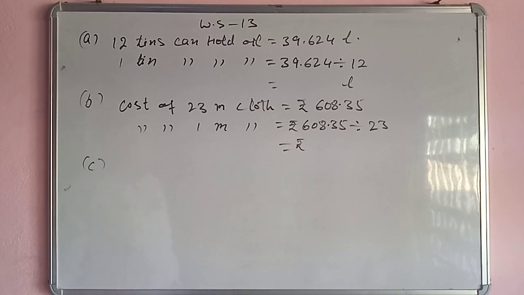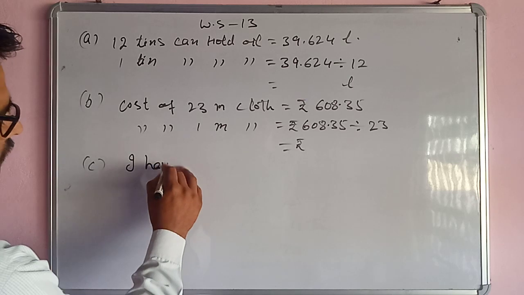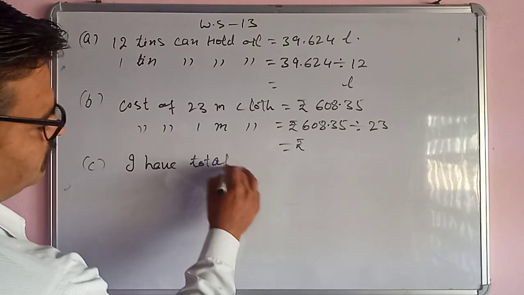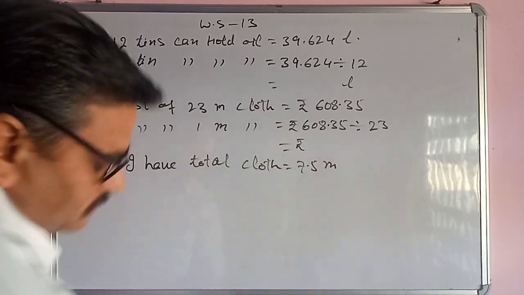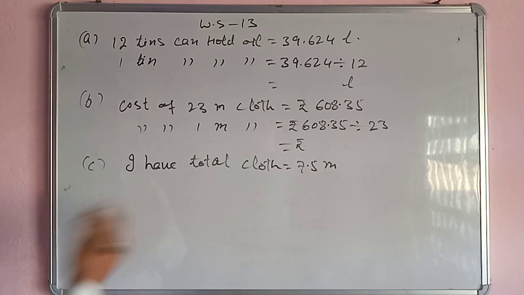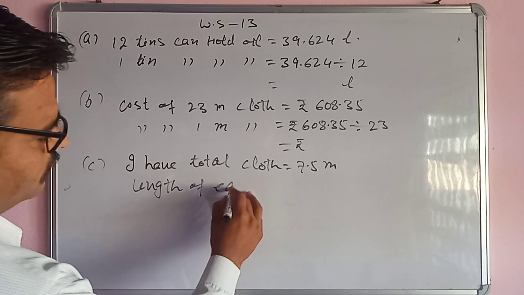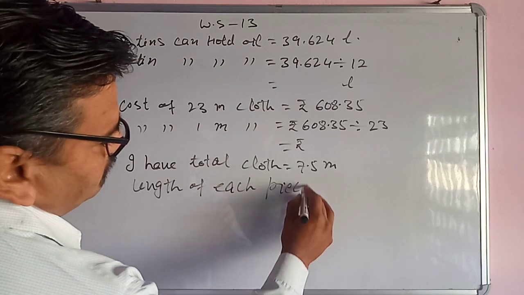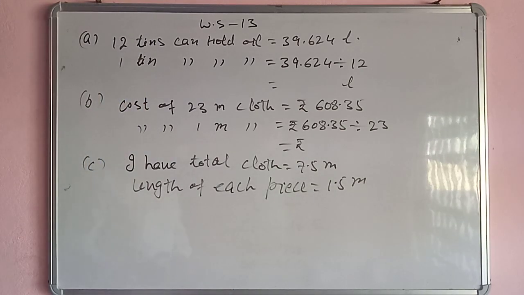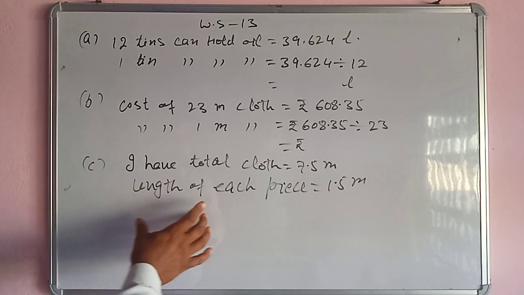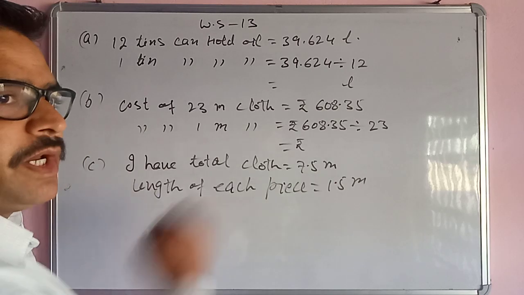So the total cloth I have is 7.5 meter, and the length of each piece is 1.5 meter. We are going to cut this cloth into pieces, each 1.5 meter long.